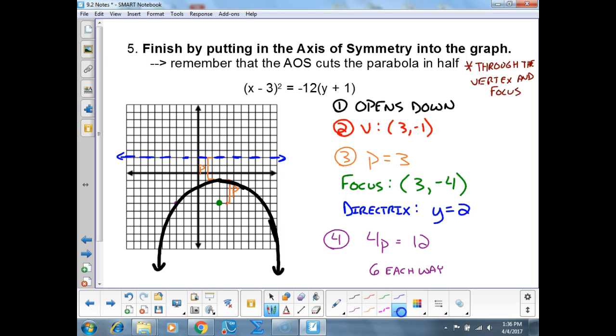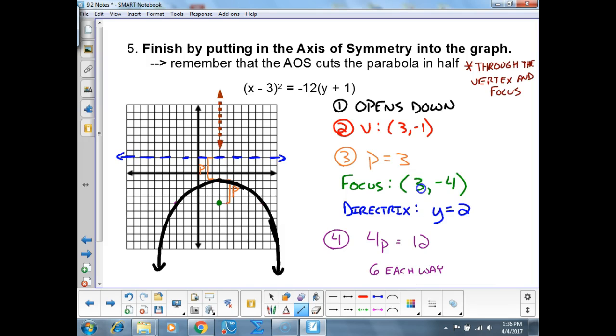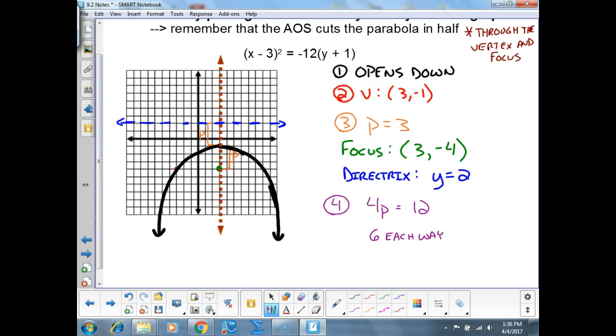It's the line through the vertex and the focus. It's also perpendicular to the directrix. So my line that runs through the vertex and the focus is this line right there, which is the line x equals 3.